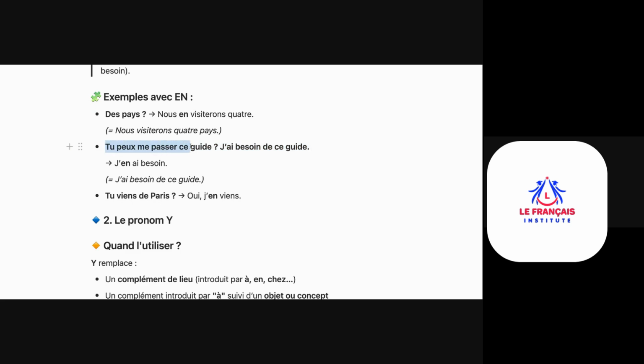Now, can you pass me this guide? Tu peux me passer ce guide? J'ai besoin de ce guide. Any complement introduced by de, we can remove it. I need this guide. But in French, we don't really say I need this guide. We say I have need of this guide.